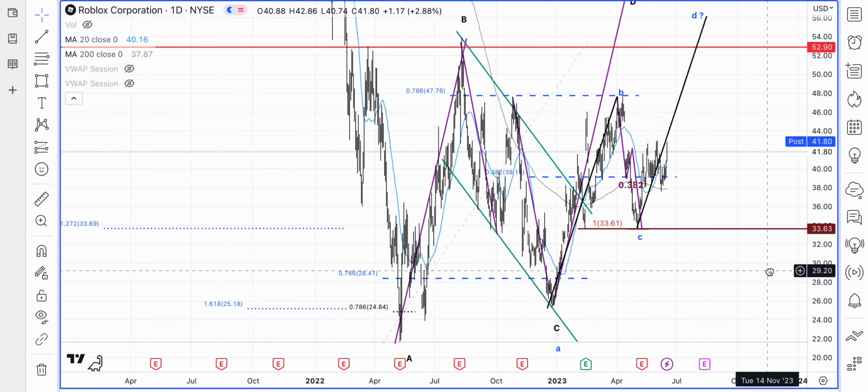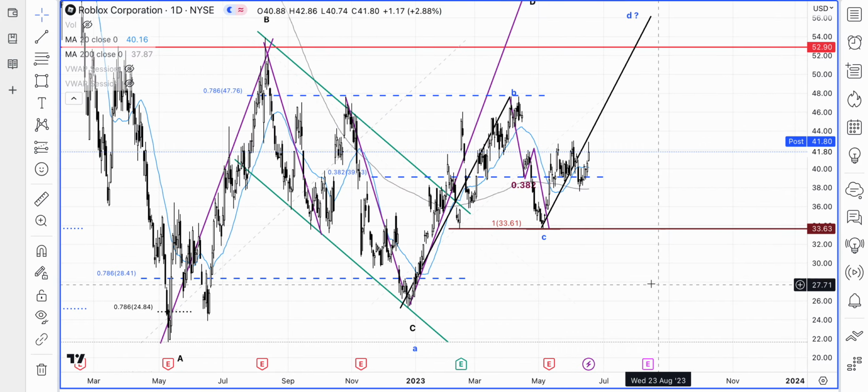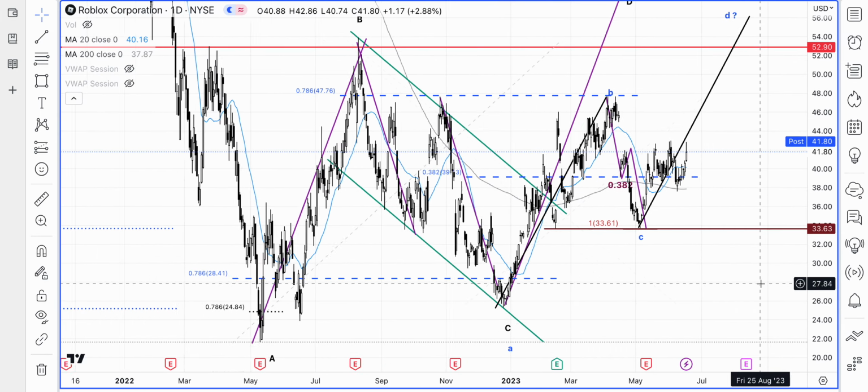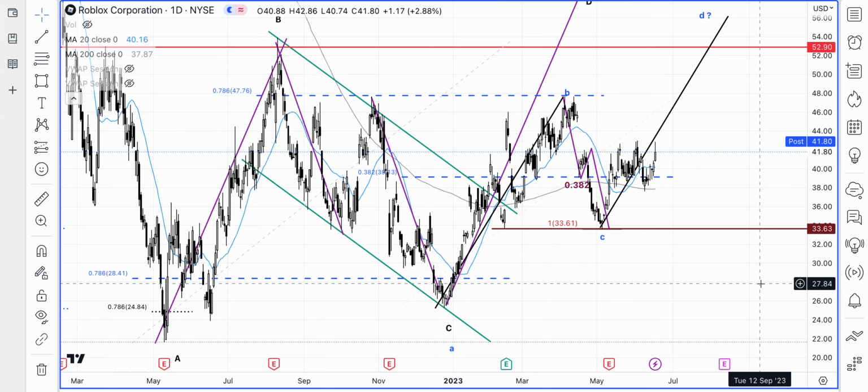Alright guys, so Roblox, this is a very interesting stock because it has to do with the metaverse. This stock actually came through a SPAC, a special vehicle used to make the company public.